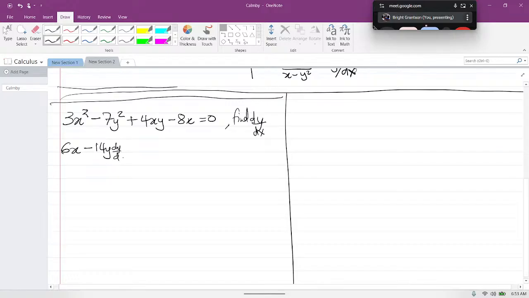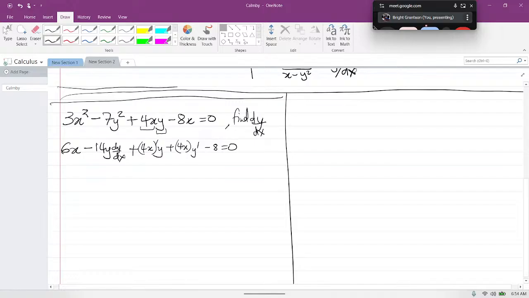You attach dy/dx. Plus, product rule, that's 4 times y, together, plus 4x y prime, minus 8, no, 8 is a constant, its derivative is 0. Very good.